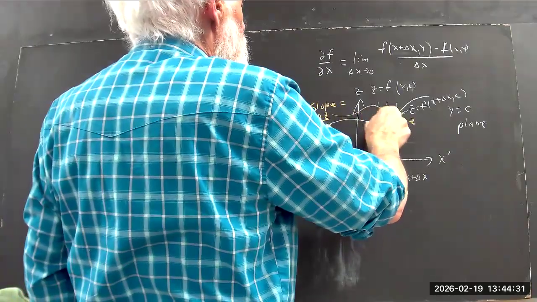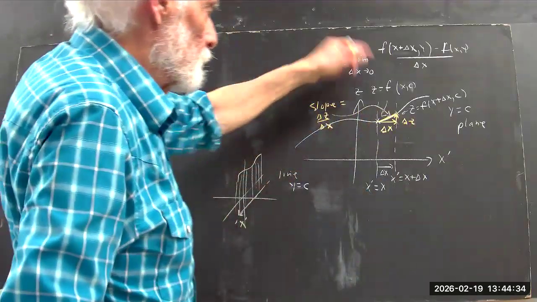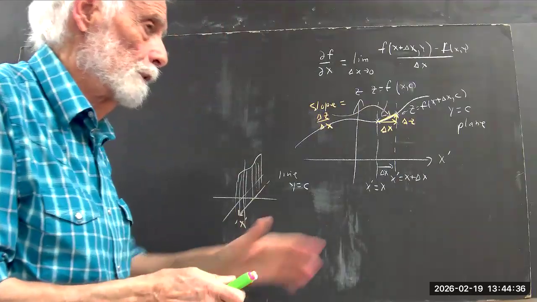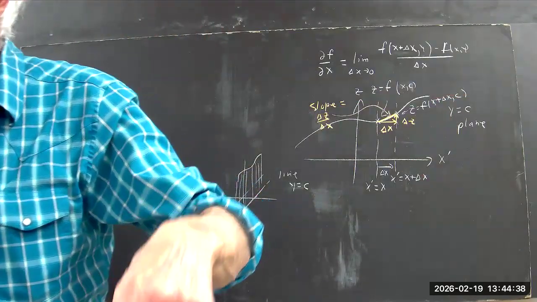And the slope is delta z over delta x. Excuse me for crossing two arrows, but sometimes it's unavoidable when you don't plan.